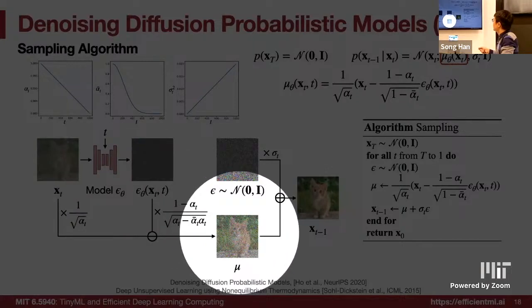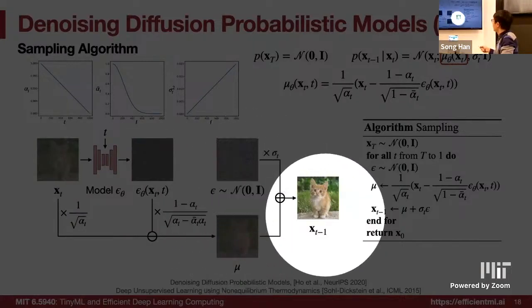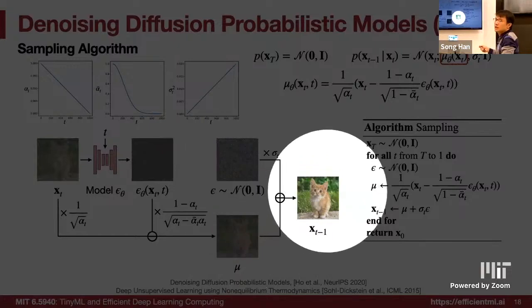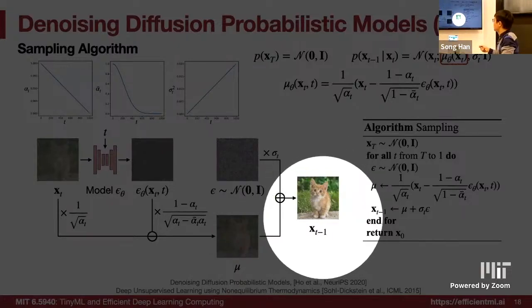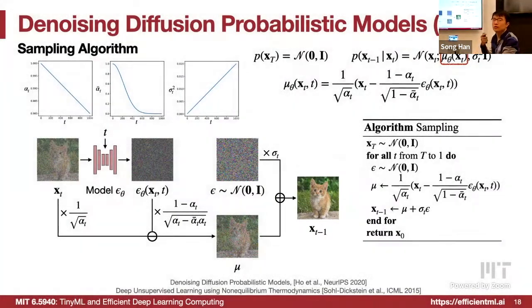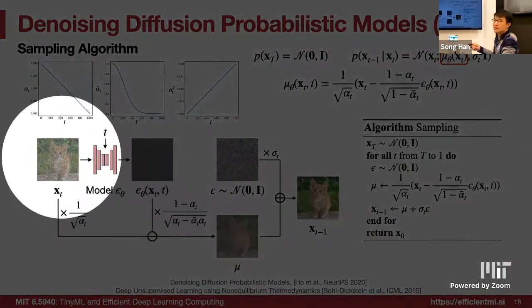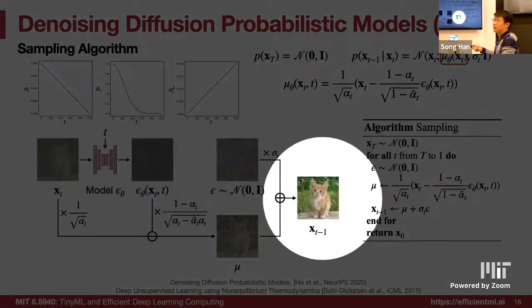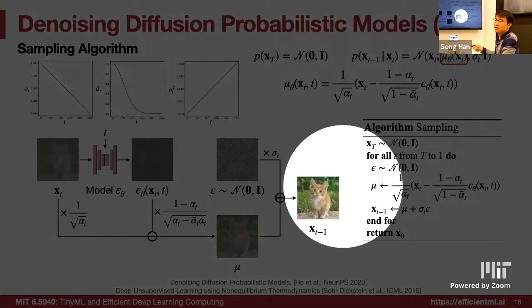A cleaner image is added with a noise, and then we get the denoised image, xt minus 1. In that way, we complete one iteration from a noisy image xt to get a cleaner image xt minus 1.